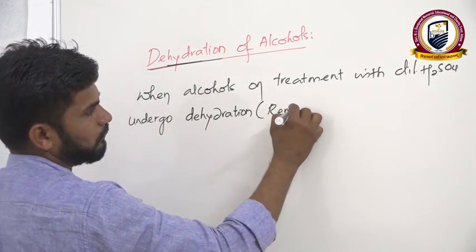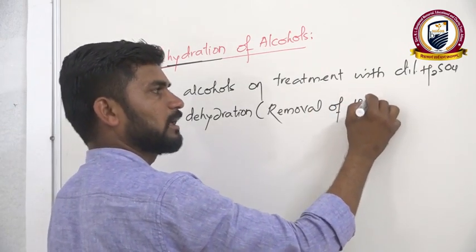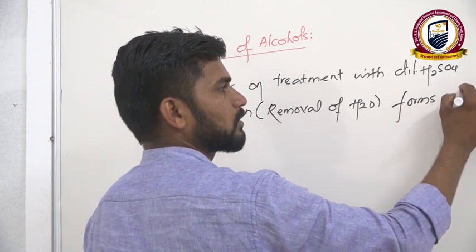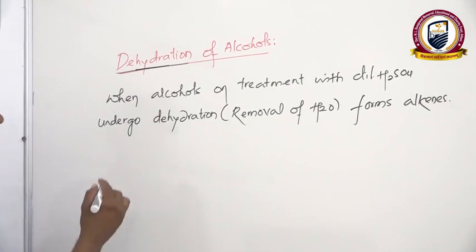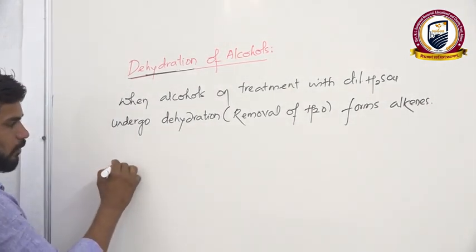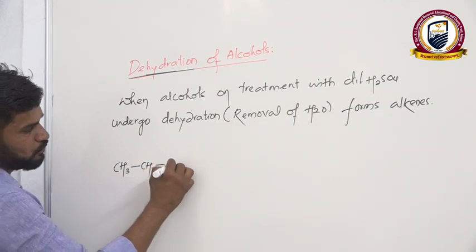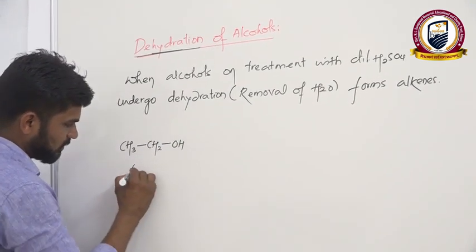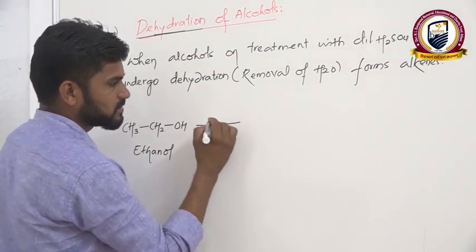Removal of water. Undergo dehydration to form corresponding alkenes. Let us take a simple example here. Ethanol, formula is CH3CH2OH, right? CH3CH2OH is called what here? Ethanol. In the presence of what here?